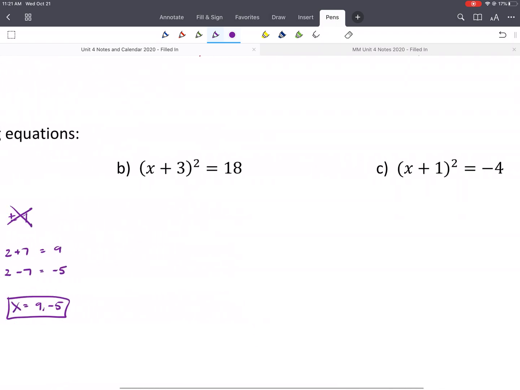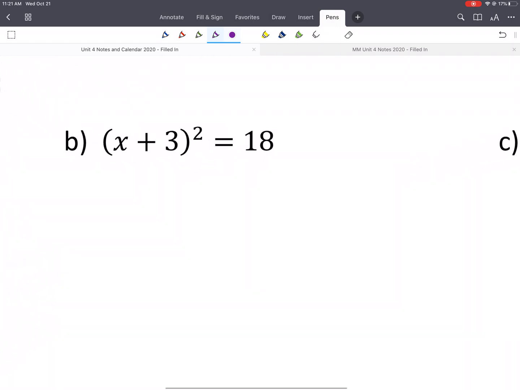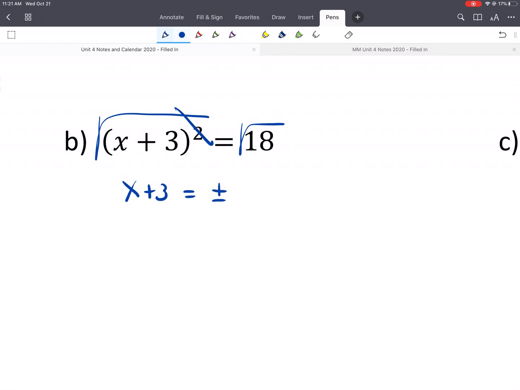All right, let's try these two by yourselves. Pause. All right, hopefully you got it. Okay, so here we'll square root. That cancels, and gives us x plus 3 is equal to plus or minus the square root of 18. If we did a factor tree for the square root of 18, that would give us 2 and 9, and 3 and 3.